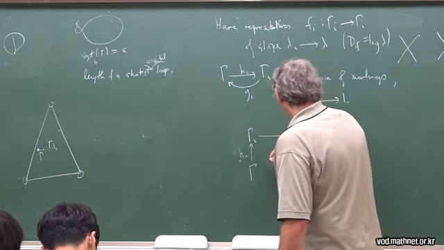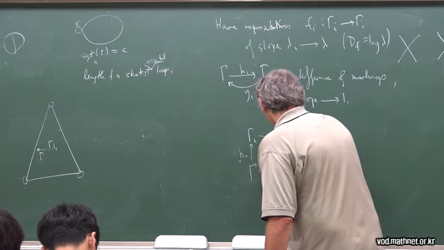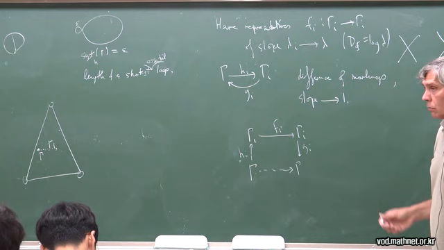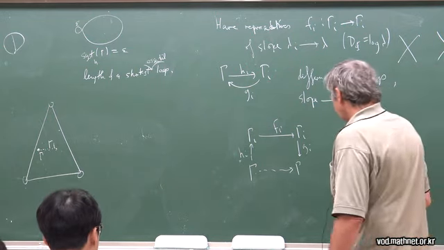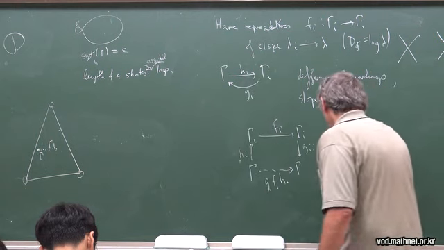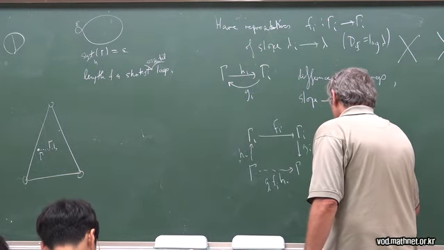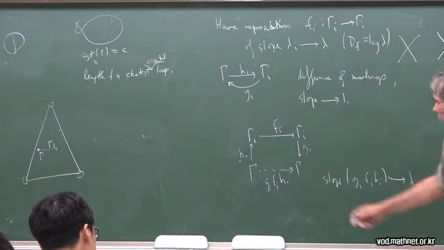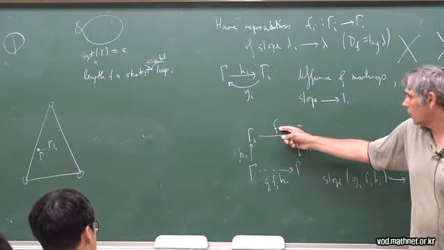And then here I have f_i, and then here I just take the composition. The slope of g_i f_i h_i also goes to lambda, because h_i and g_i go to 1, and f_i goes to lambda.